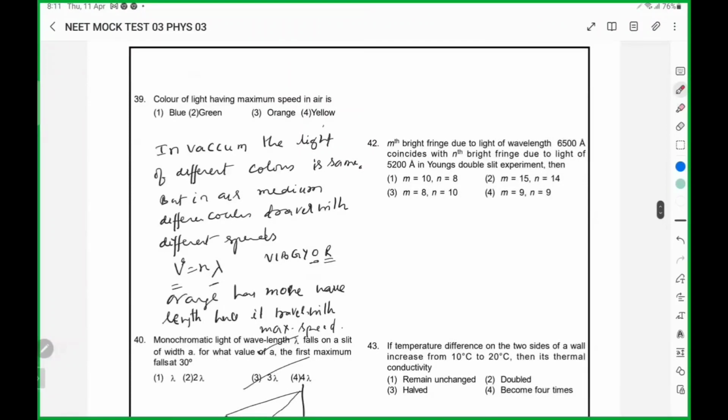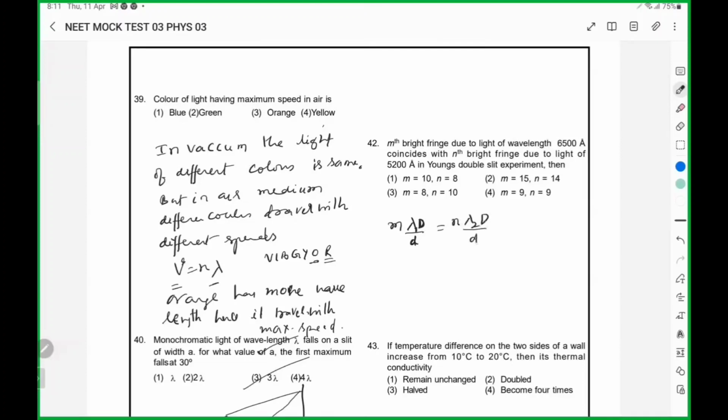Here the nth bright fringe coincides with the mth bright fringe. So fringe width is lambda D by d. D is the distance between the slit and the screen. The small d is the distance between two slits, that will not vary.